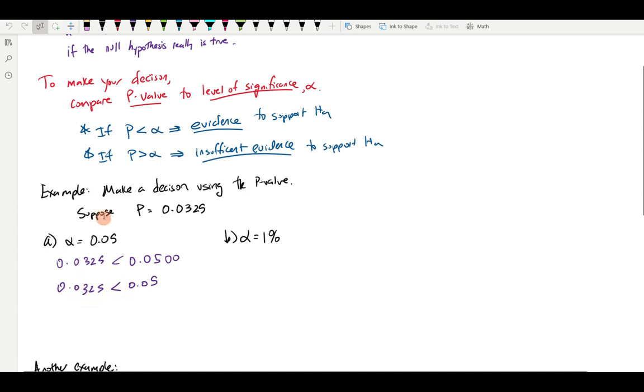So I have compared my p-value to my level of significance. In this case, the p-value is less than the level of significance. So therefore, we say, since the p-value is less than the level of significance, this is evidence to support the alternative hypothesis.